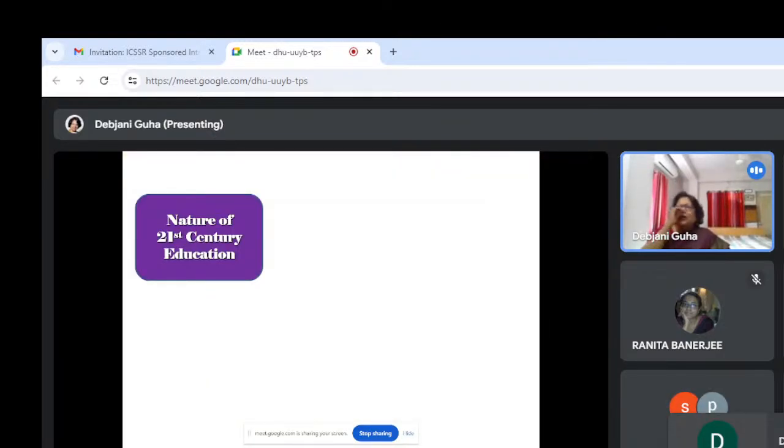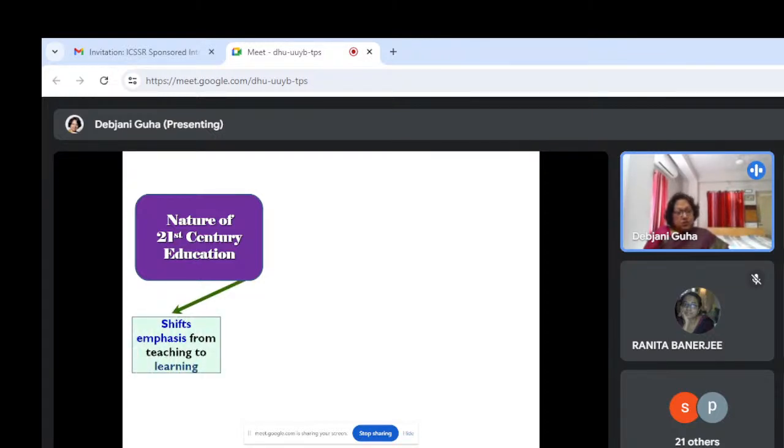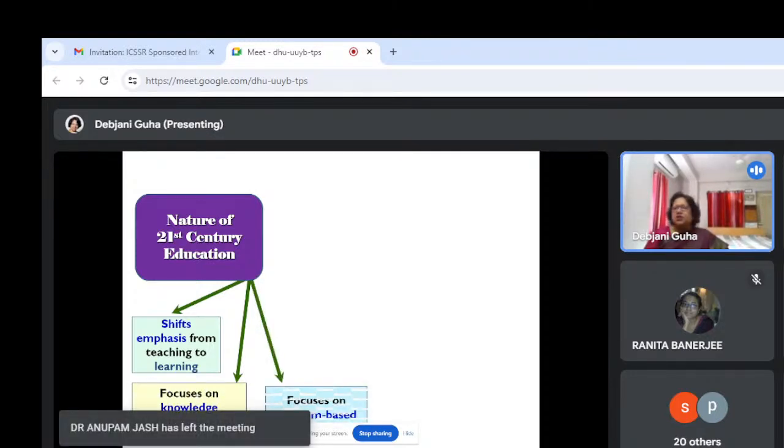Now we know that there is a paradigm shift in the nature of 21st century education. 21st century education basically shifts from teaching to learning. It focuses on knowledge construction, not on reproduction.